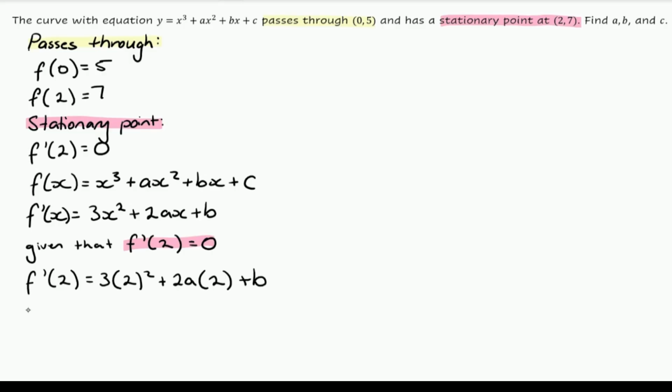And we know that this is equal to 0, so therefore I've got 2 squared is 4 times 3 is 12, plus 4a plus b is equal to 0. And I can see I've got a singular b here, so I'm going to rearrange this equation so that this b is by itself. So I know that my b is equal to minus 4a take away 12, just by rearranging. So I've got one key bit of information here.